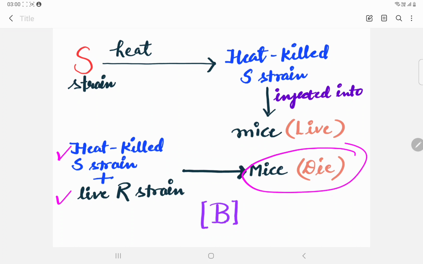It means something must have happened with the R strain, which was initially avirulent, or not able to cause any kind of disease, but when mixed with heat killed S strain, it causes the mice to die, it causes mice to have that disease.